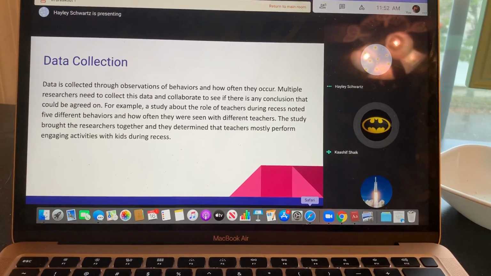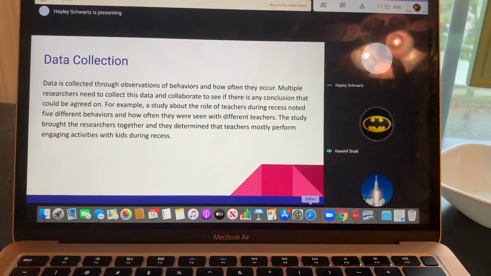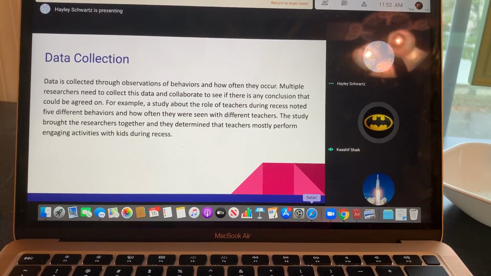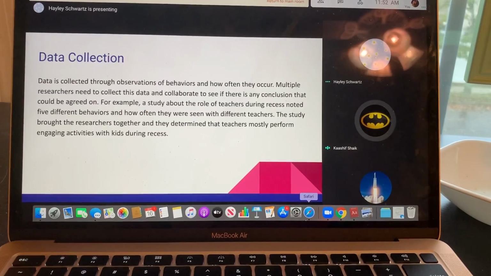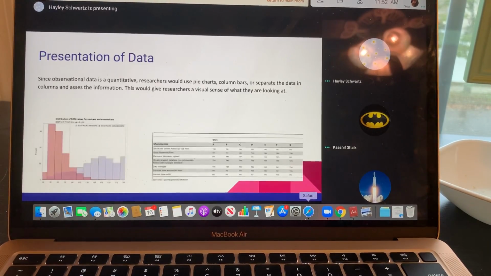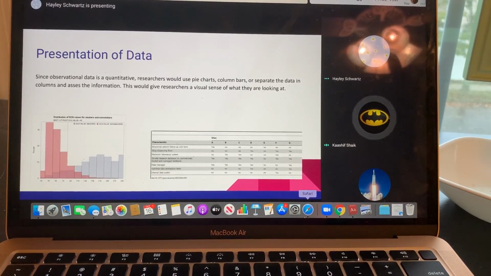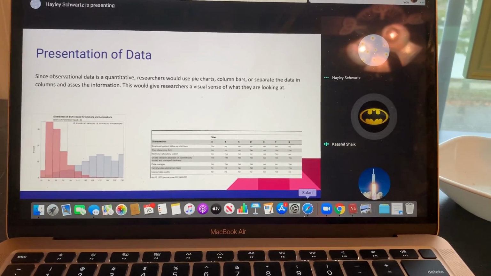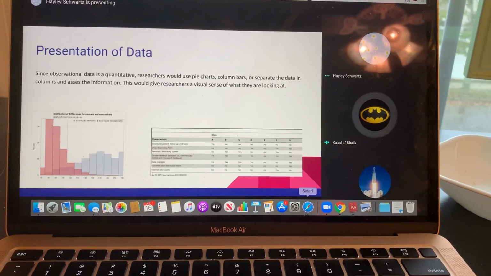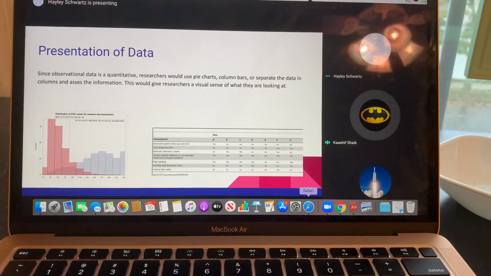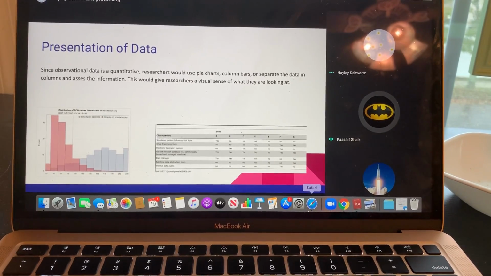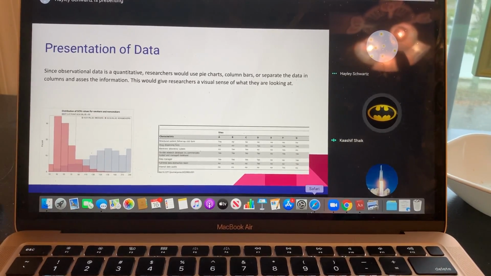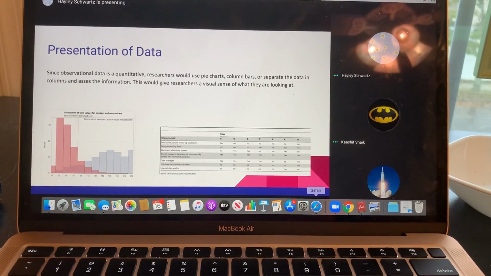The study brought the researchers together, and they determined that teachers mostly perform engaging activities with kids during recess. And how this data is presented, usually they would use pie charts, column bars, or separate the data in columns to assess the information, and this would give researchers a visual sense of what they're looking at.